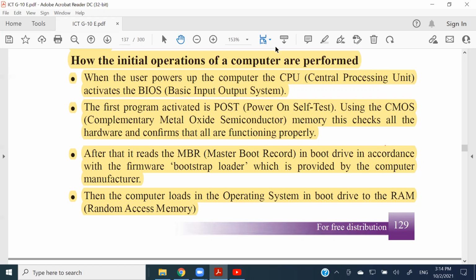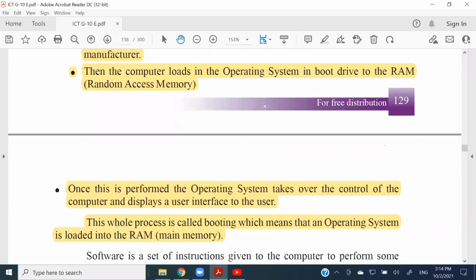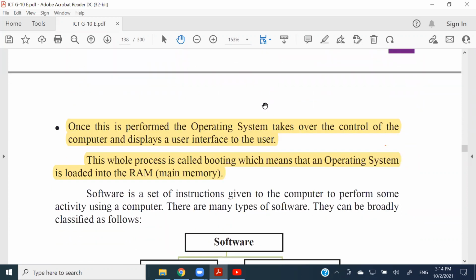Once it finds the master boot record, that master boot record has the bootstrap loader, which helps the operating system to be loaded onto the random access memory. From the hard disk, the operating system is not installed but loaded into the random access memory. Then only will we be able to see the operating system on our screen.